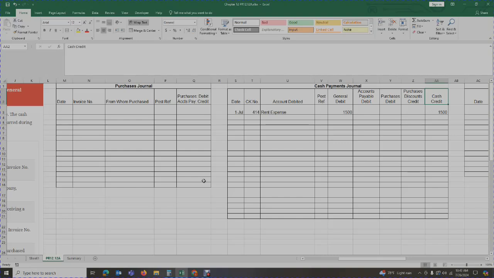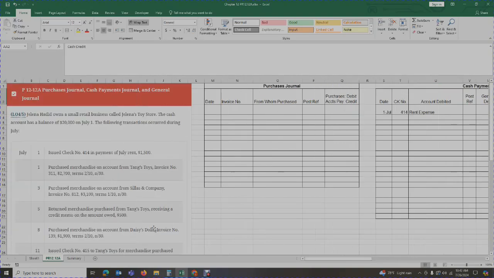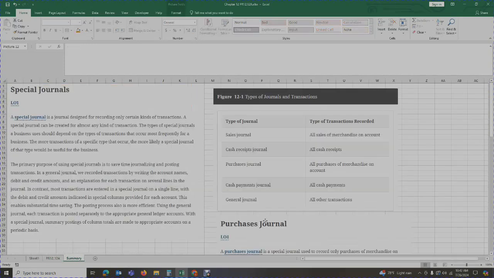So that happened on the 1st. On the 1st, you purchased merchandise on account from Tangy's Toys, invoice number 311, $2,700, terms 2/10, net 30. In this case, we are making a purchase on account. So remember, if you are making a purchase, all purchases of merchandise on account are recorded in the purchases journal.